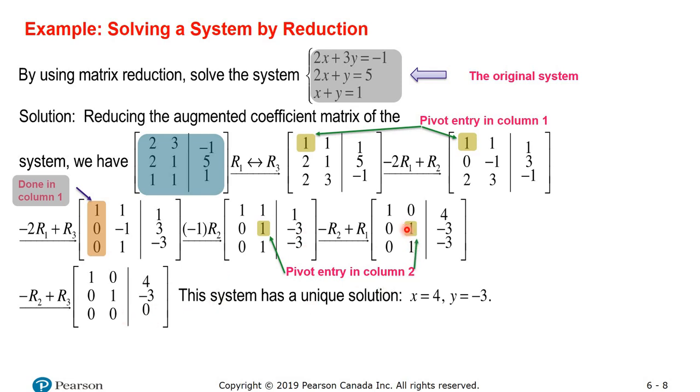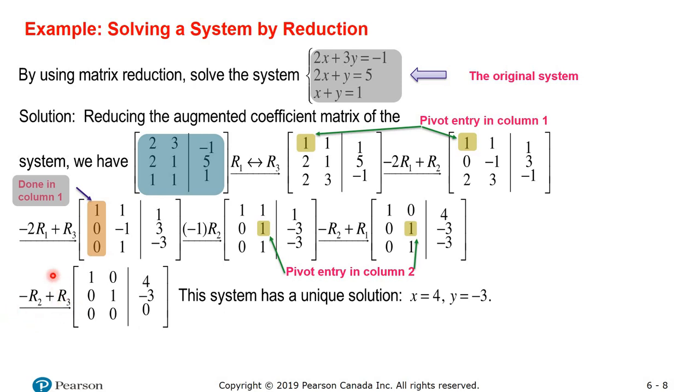So that means I need minus 1 times the row containing the pivot. So it's minus 1 times row 2, and then I'm adding it to row 3, which is the row that I'm working in. So remember, row 1 and row 2 remain unchanged. You can see they are rewritten as they were previously.